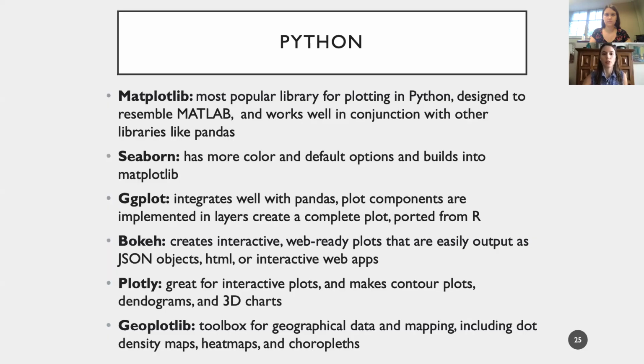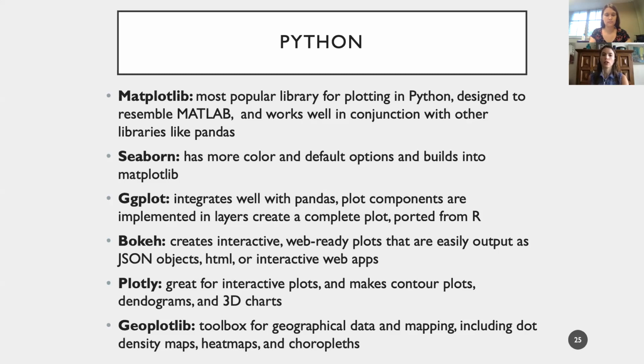If you're into using Python or you want to get started with it, Python also has lots of options for data visualizations. Probably the most popular library for plotting data in Python is matplotlib, which is designed to resemble MATLAB.